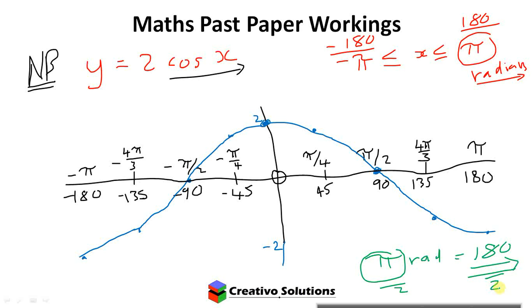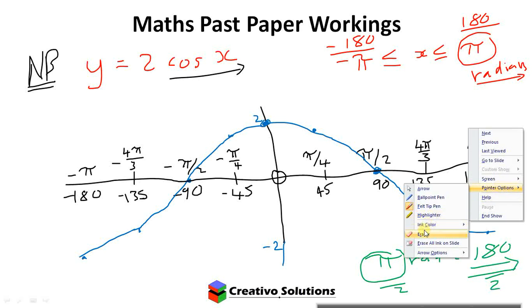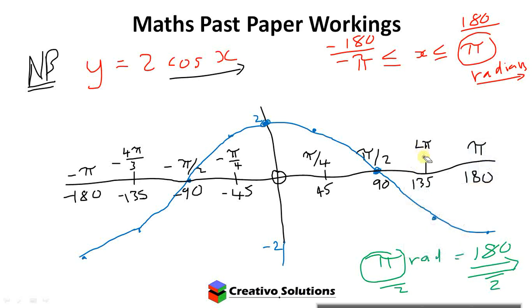I think this conversion is not right for this one. Let's double check it. 180 times 4 divided by 3 is 240. So I think this middle one, this 4 over 3, is not right. The conversion here is not right. Let's fix the conversion.